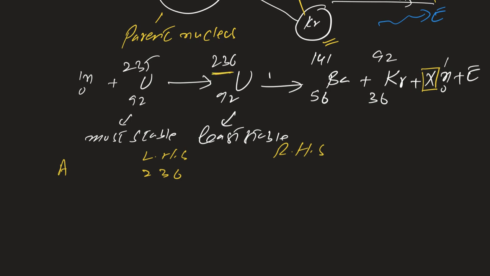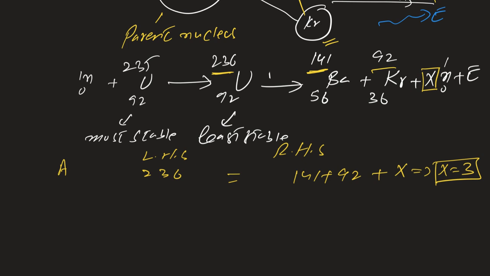So 236 on the left hand side, 141 plus 92 plus x neutrons. Make them equal, and from here you will see that x is equal to 3. It means in this particular reaction in which a nucleus of uranium 235 is split up into barium and krypton, the released neutrons are 3.